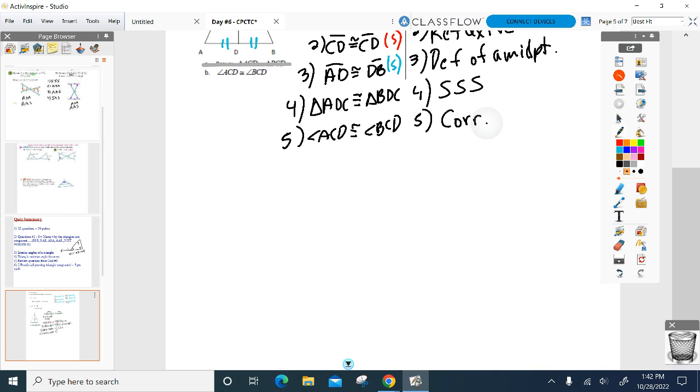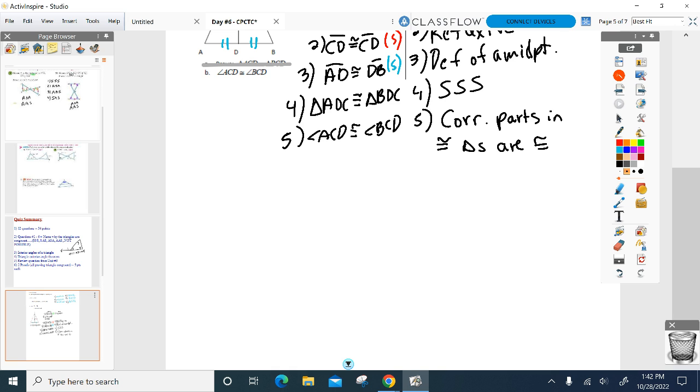Corresponding parts, which these are, everyone agrees? I'm just showing you where my reason's coming from. Corresponding parts in congruent triangles are, how do I finish this? Corresponding parts in congruent triangles are? Congruent. Yes, congruent.